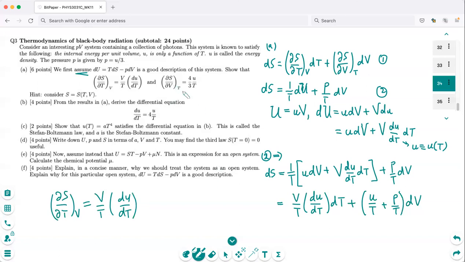Okay, and likewise, if I do the rest, there's the remaining one, the coefficient of dV. I will have little u over T plus P over T. Now this is not quite the form we want, but we can simplify a bit more because we know P is related to u.